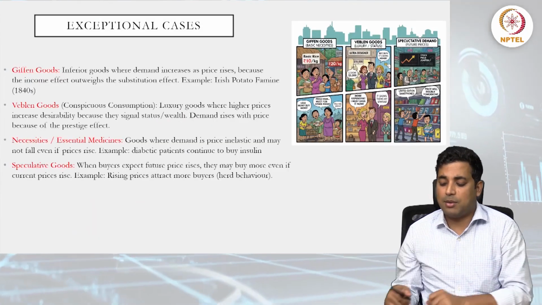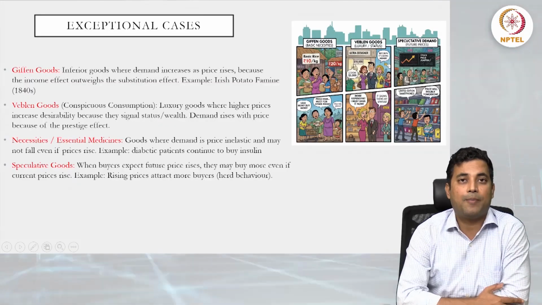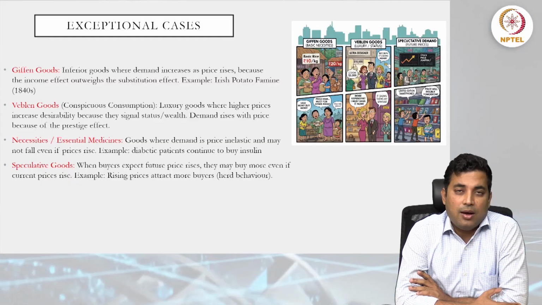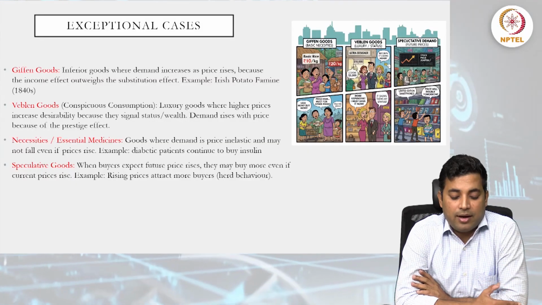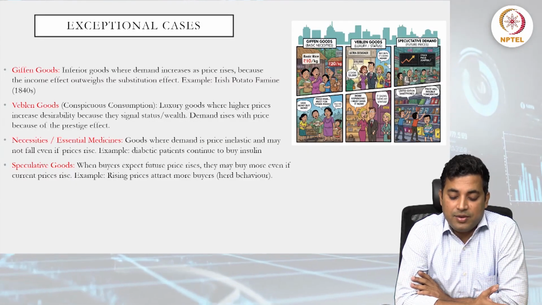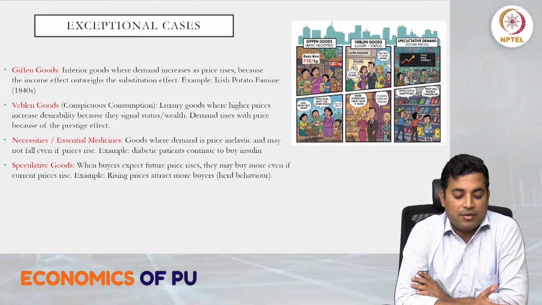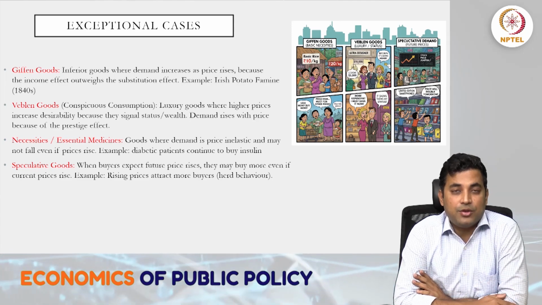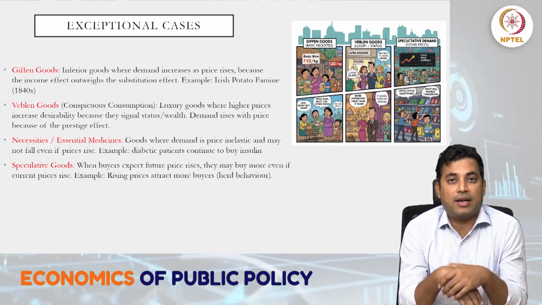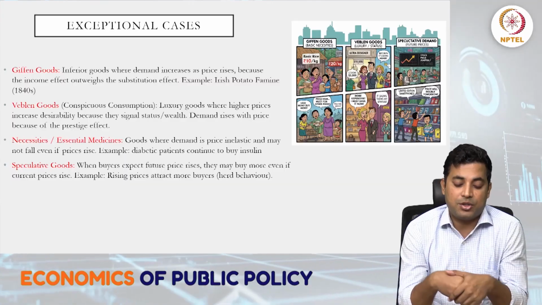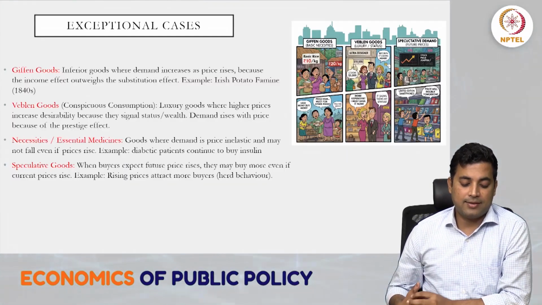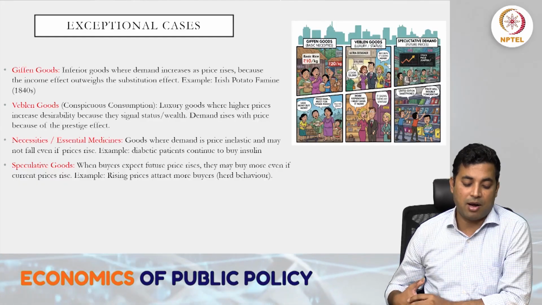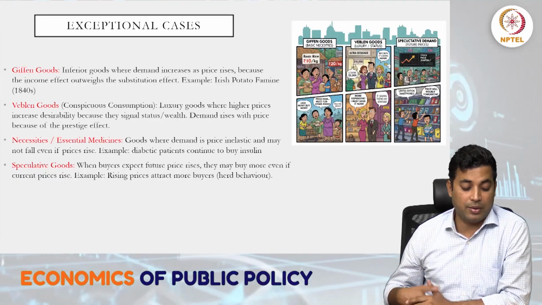Now let us move to some of the exceptional cases which are important to understand, like Giffen goods, a type of inferior goods where demand increases as price increases, because the income effect outweighs the substitution effect. In inferior goods we have seen that the income effect is less strong than the substitution effect, and here as price rises, the demand for that particular good also will increase.